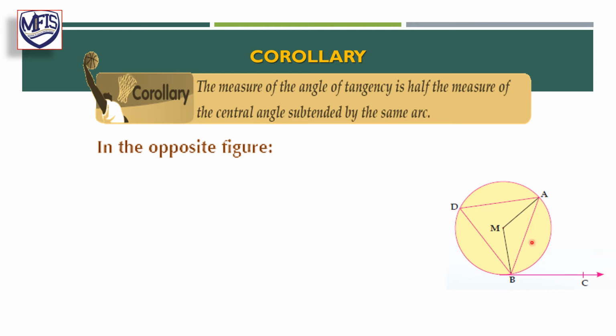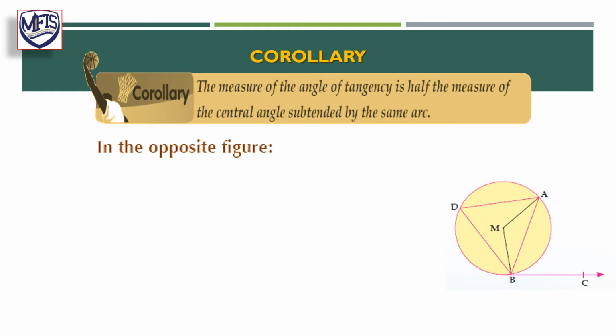Of course, measure angle ABC equals measure angle D, the inscribed angle subtended by the same arc. This is what we studied in the previous part. But measure angle D equals half the measure of central angle AMB subtended by the same arc. Therefore, measure angle ABC equals half the central angle AMB subtended by arc AB.